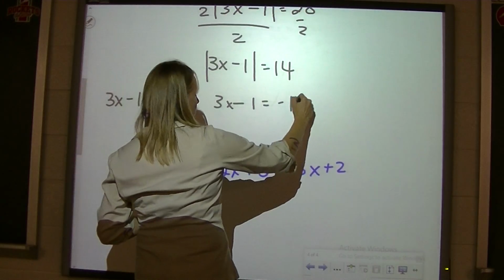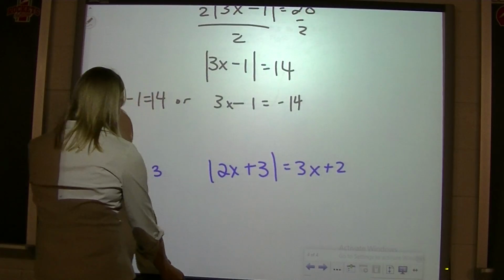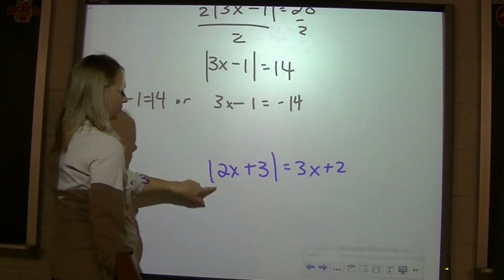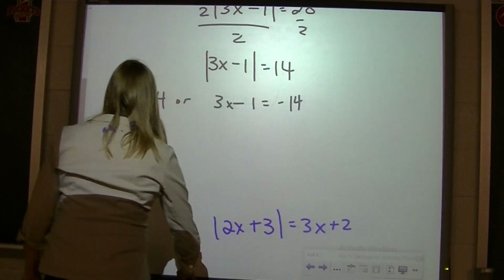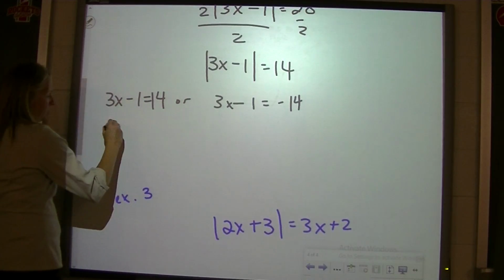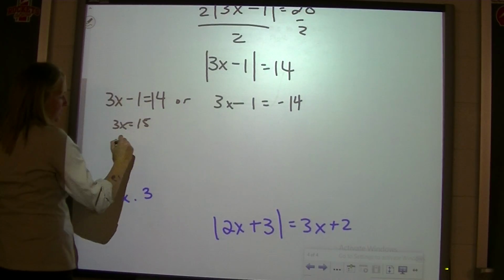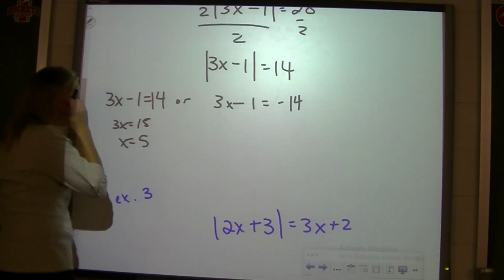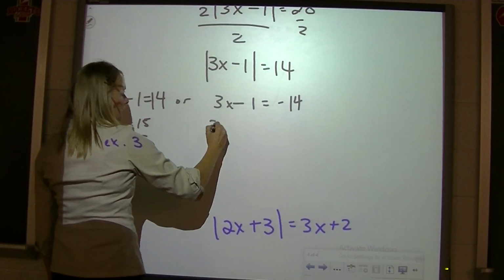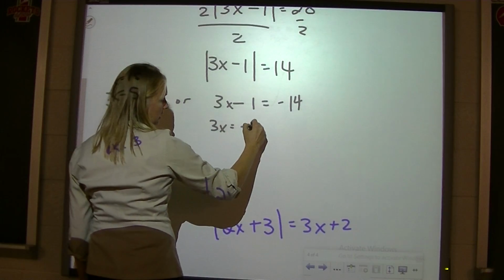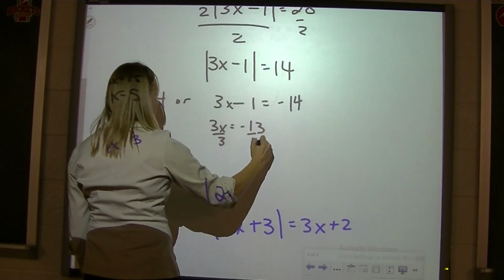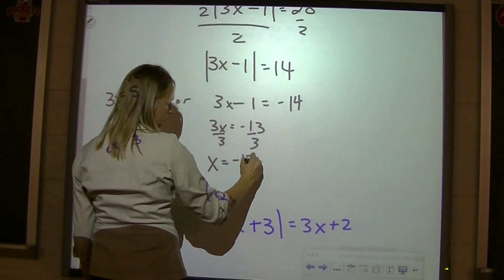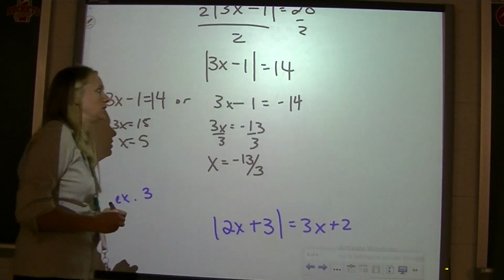And then once again, we solve. Add 1, so we'll have 3x equals 15, divide by 3, x equals 5. And then add 1, 3x equals -13, divide by 3. Again, we get a repeating decimal, so I'm going to leave it as -13/3.